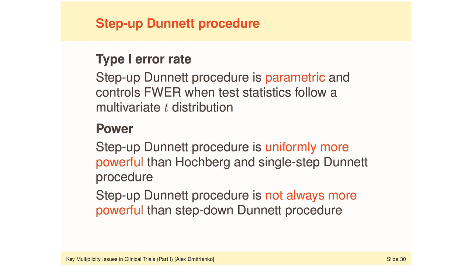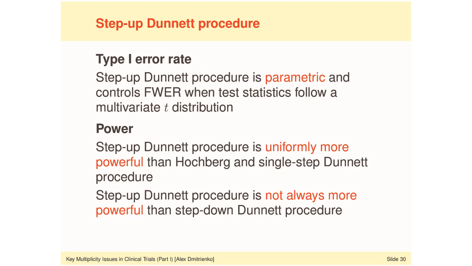The step-up Dunnett procedure is parametric, which means that it protects the family-wise error rate under parametric assumptions. It is uniformly more powerful than the Hochberg procedure, and in addition, it is uniformly more powerful than the single-step Dunnett procedure. But here is an interesting fact. It turns out that the step-up Dunnett is not always more powerful than the step-down Dunnett procedure.